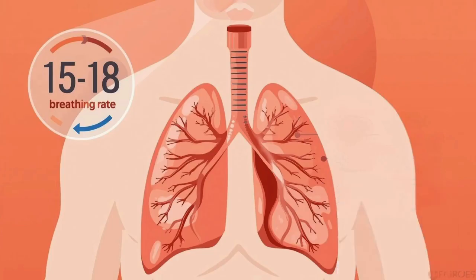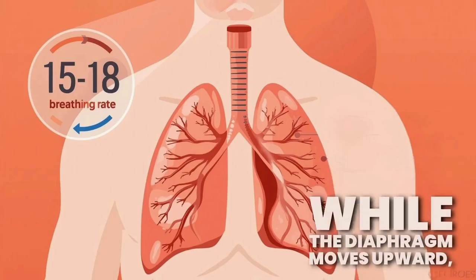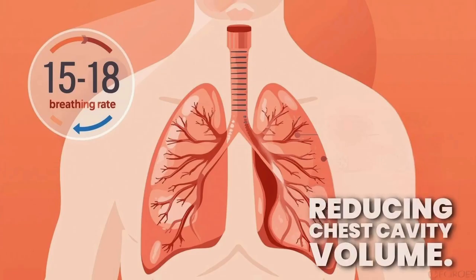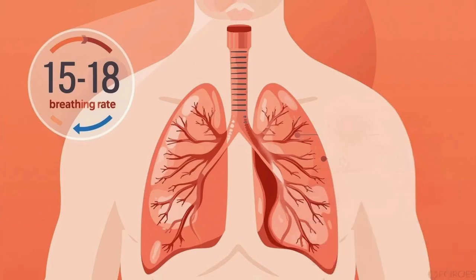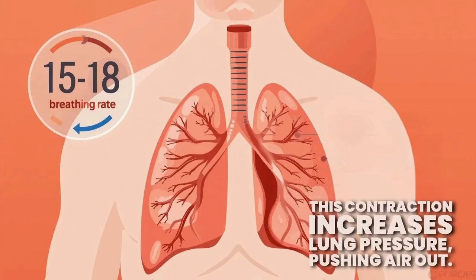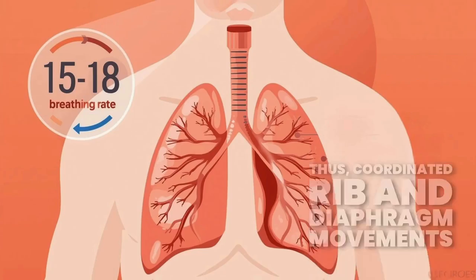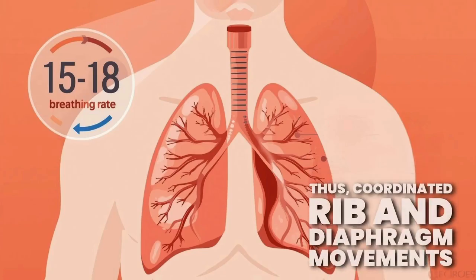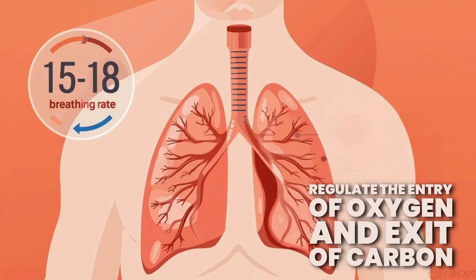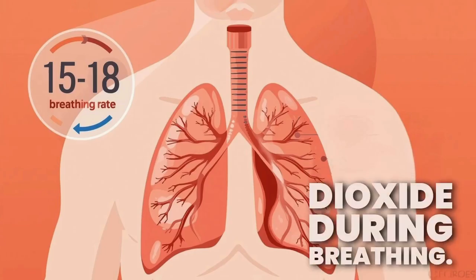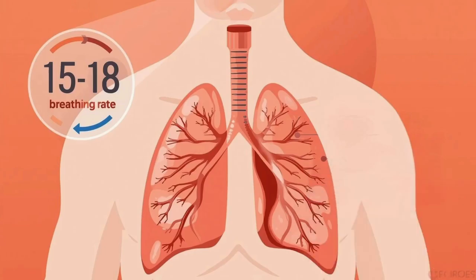During exhalation, the ribs move down and inward while the diaphragm moves upward, reducing chest cavity volume. This contraction increases lung pressure, pushing air out. Thus, coordinated rib and diaphragm movements regulate the entry of oxygen and exit of carbon dioxide during breathing.